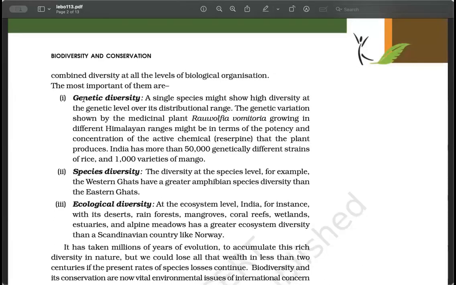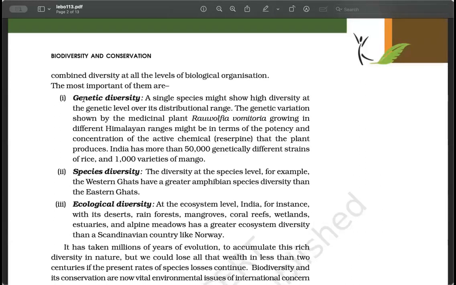We talked about humans. Humans are the best example because humans are there on every livable continent, and you will see that humans have very different morphologies.